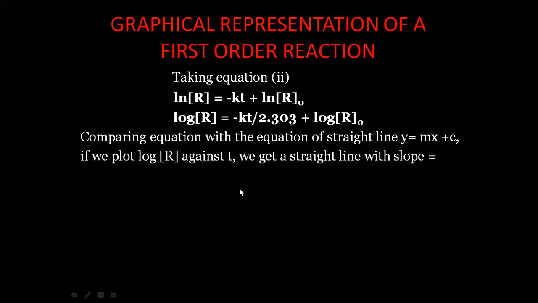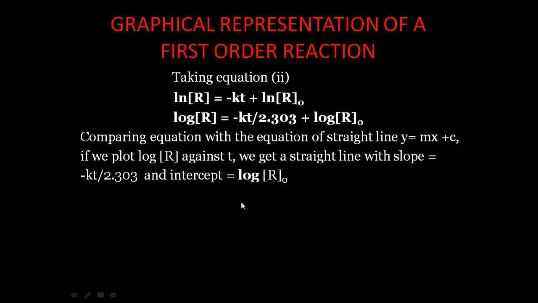So if we plot log r versus time, the slope will be obviously minus k by 2.303, and the intercept will be log r naught.